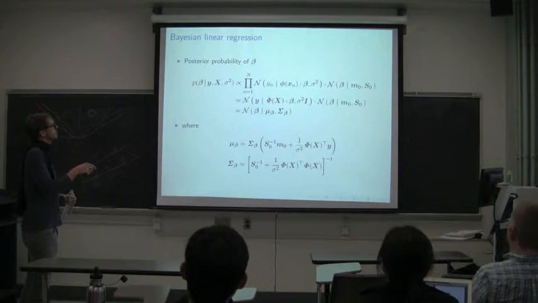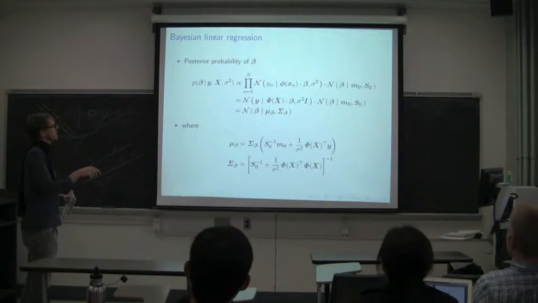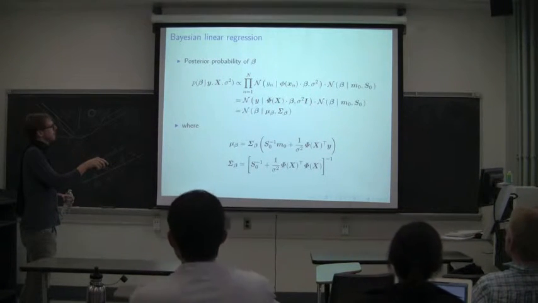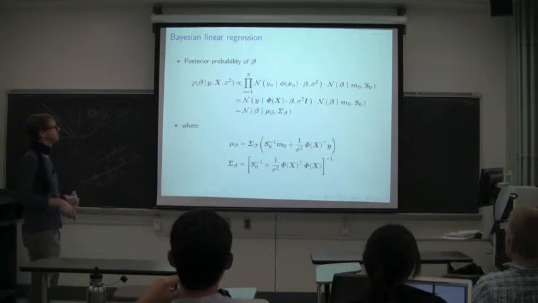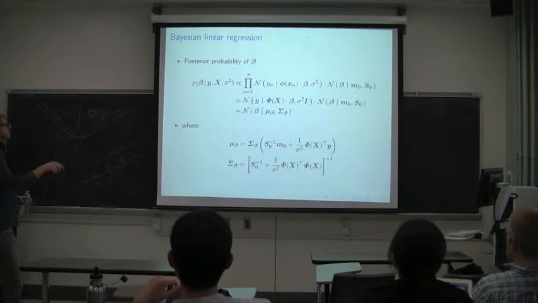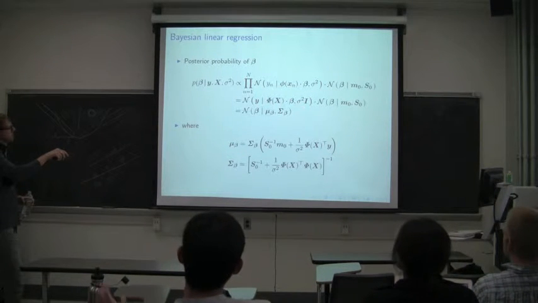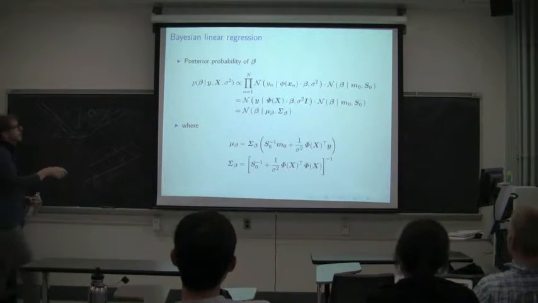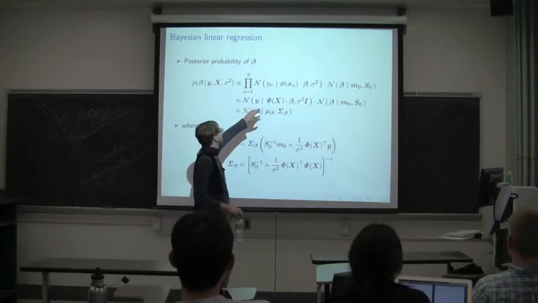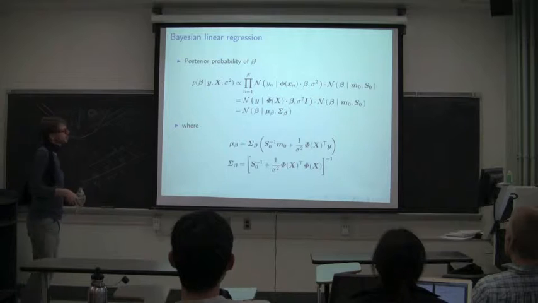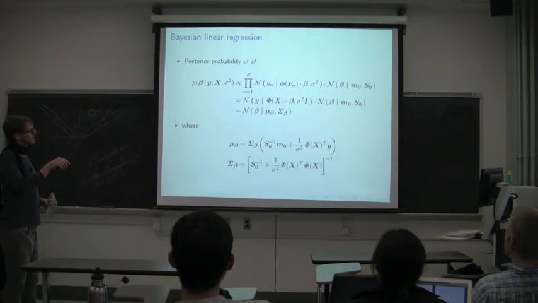The posterior is proportional to the product of the likelihood, over all the n individual data points, times the prior. We can rewrite the likelihood as a multivariate Gaussian, again with those basis functions of our x, giving us a possibly nonlinear regressor.